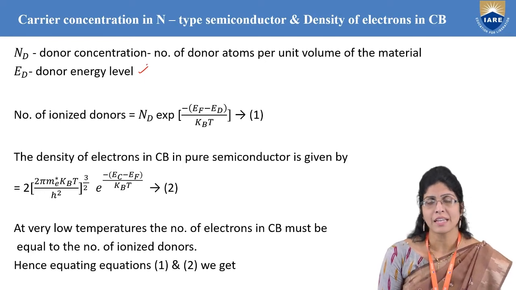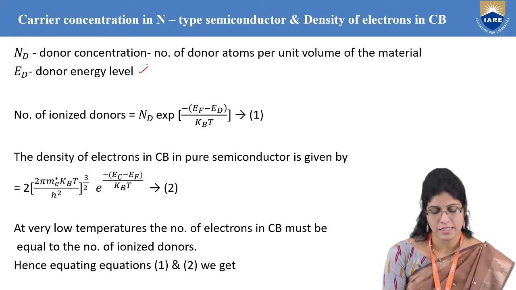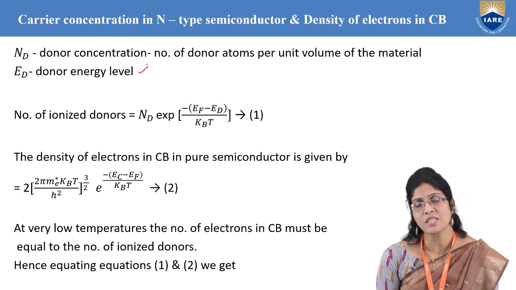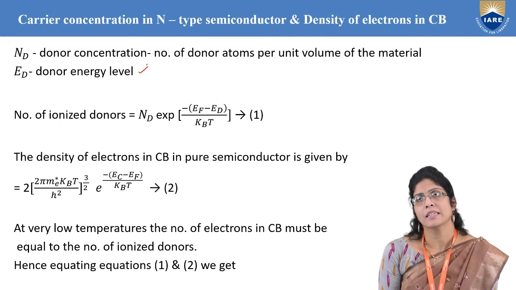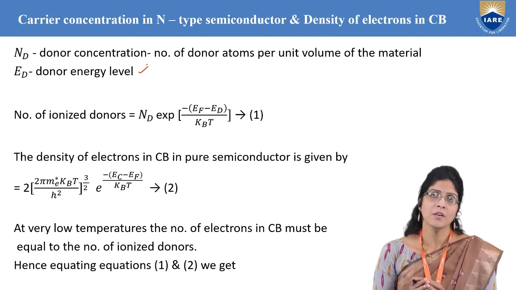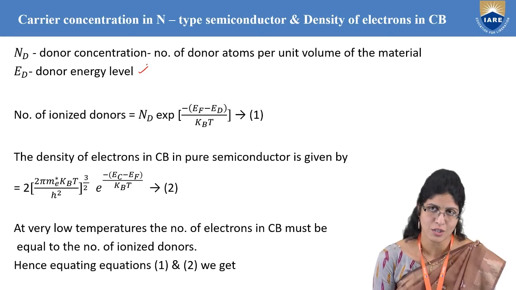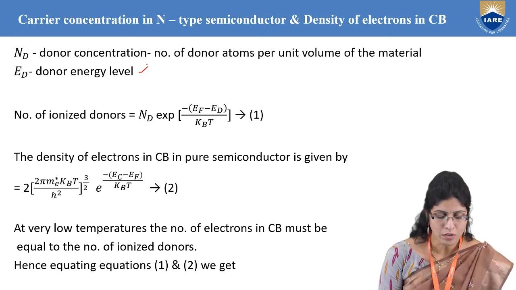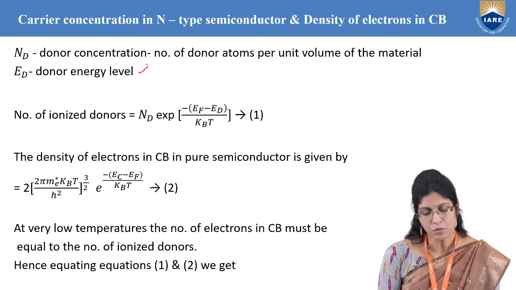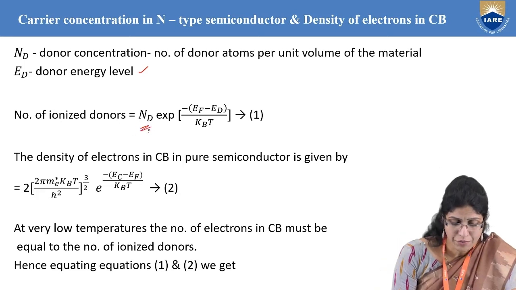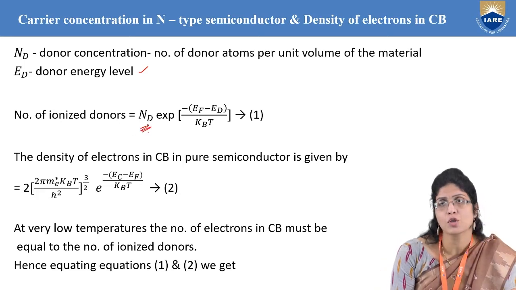First we took the product of the density of states and the probability for the electrons to go and occupy the conduction band, or the possibility for the hole to be formed in the valence band when the electrons are excited to the conduction band. The same way here also, you will have to take the number of atoms to be Nd.